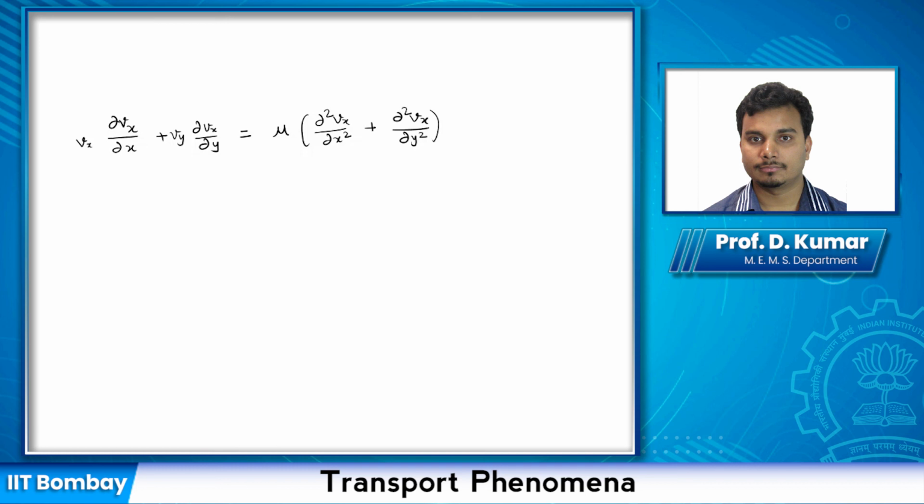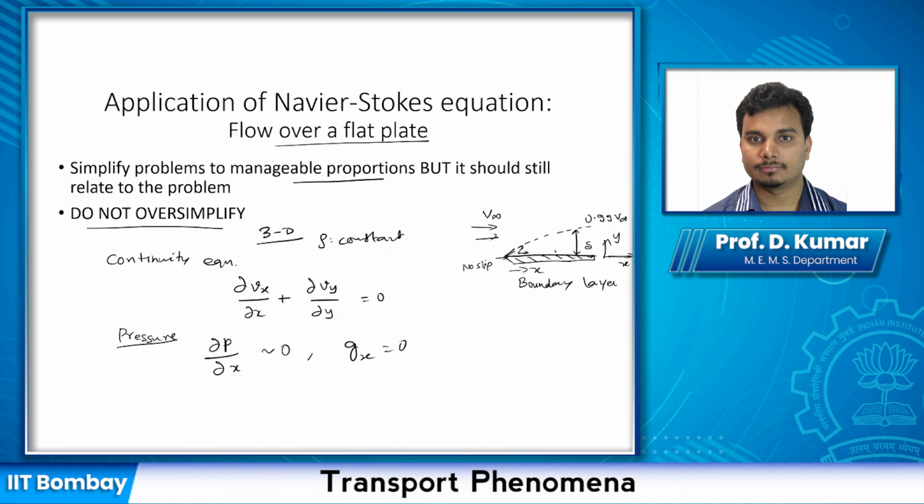Now if you look at this term by term, the variation of del squared Vx by del y squared versus del squared Vx by del x squared, if we compare these two things: Vx in the x direction does change from here to here, it does change in the boundary layer.